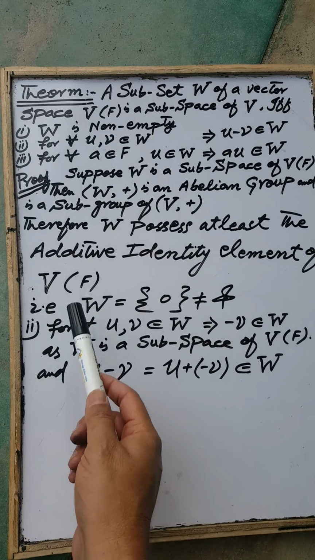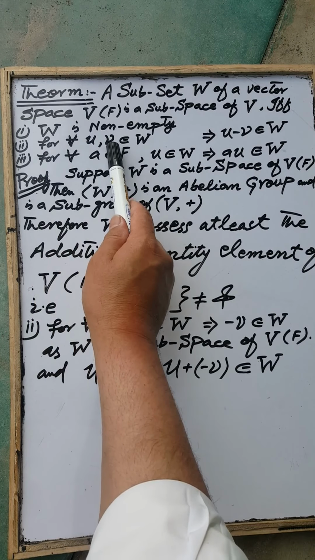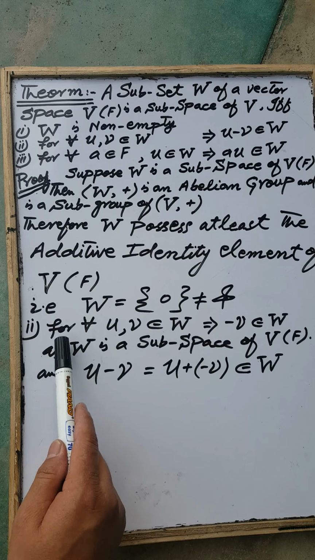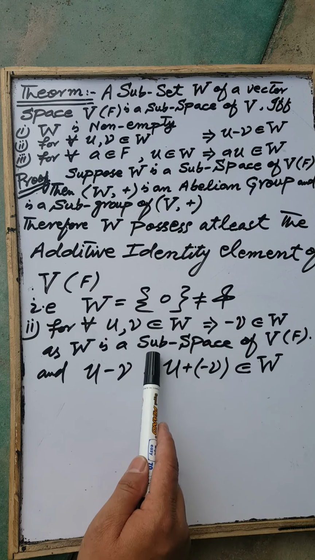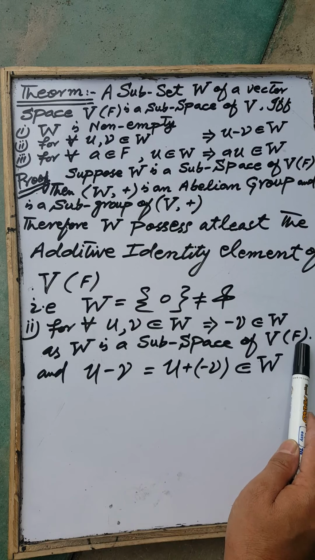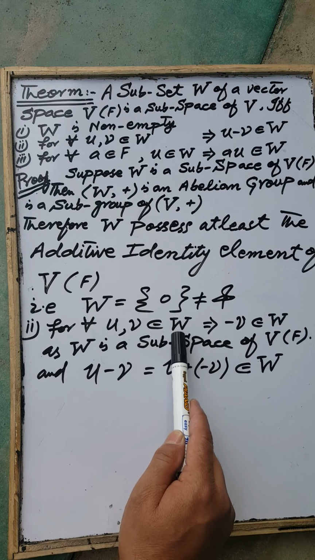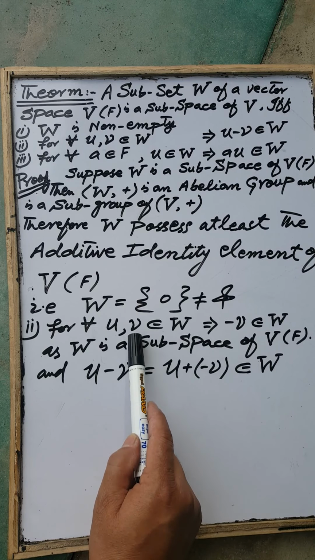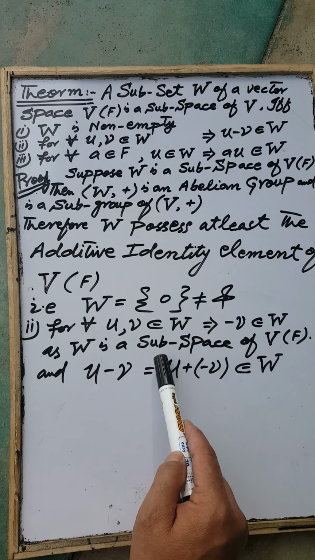Now to prove the next part of this theorem, that for each U, V belonging to W, U minus V belongs to W. Consider W a subspace of the vector space V over the field F, and U and V any two vectors in W. Then the additive inverse of V is also contained in W, according to the condition of the subspace.